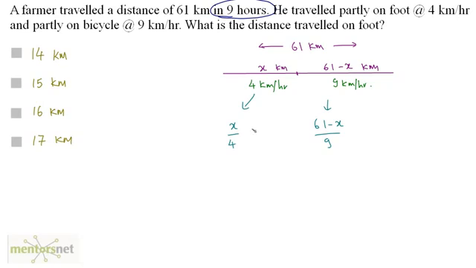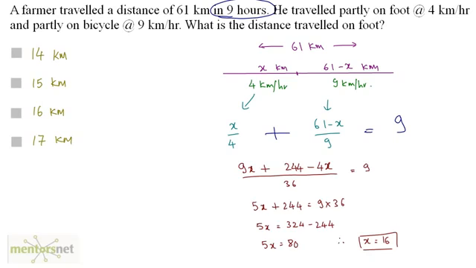So if we add the respective times, we will get the total time, which is 9 hours. Now from this equation we can calculate x, which is the distance traveled on foot. On solving this equation, you get the value of x as 16. So 16 kilometers is the distance traveled on foot. Option C is the correct answer.